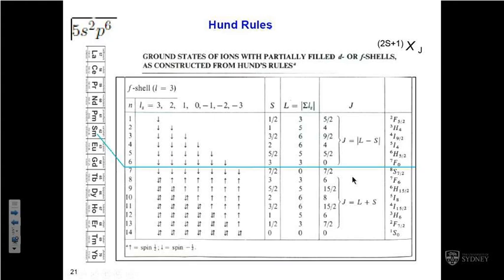Some negative ones will cancel out with these positive ones, and you just get the 3 over here. And then you can figure out that J is going to be 0 in this case, and then you can get J down here, and the same thing up there for the 2S plus 1 notation up there.